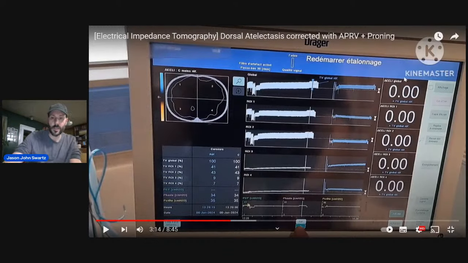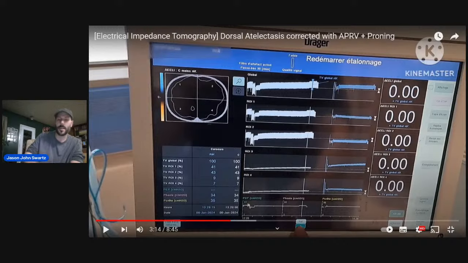When we talk about lung impedance values, the more volume there is, the more impedance to the electrical signal there is. And the less volume, the less impedance. So we have 16 electrodes sending these signals across the chest, I believe at 50 hertz, 50 frames per second.